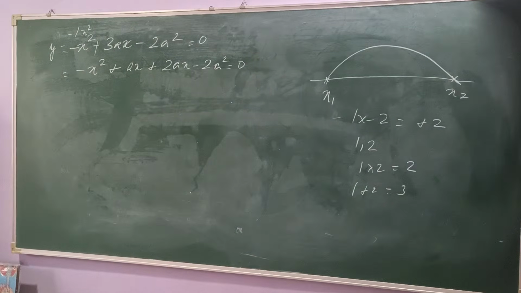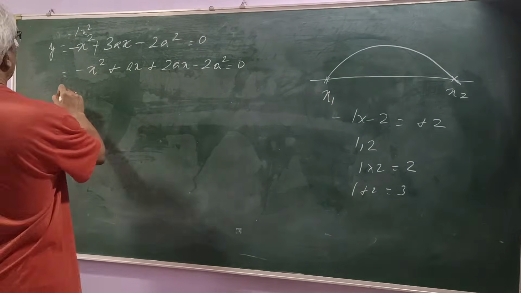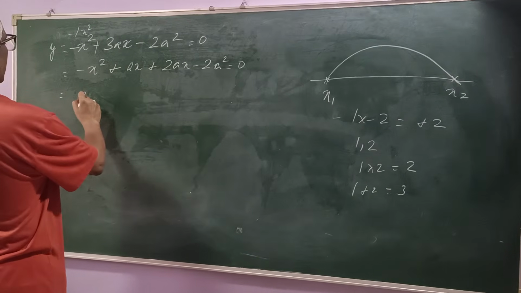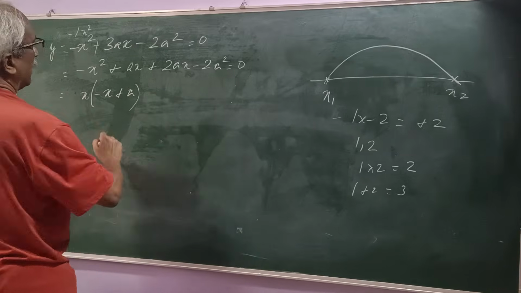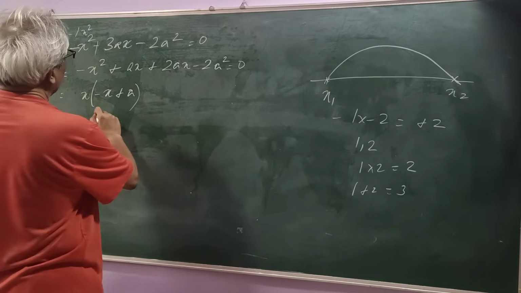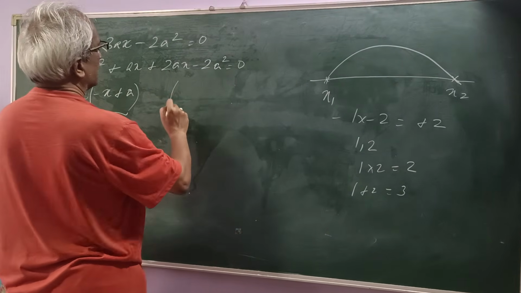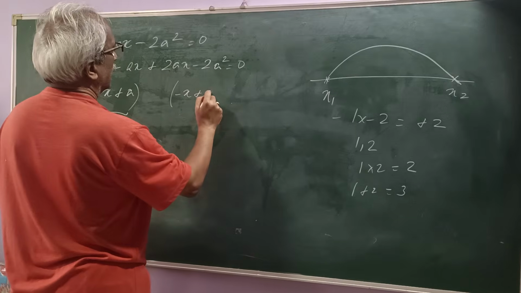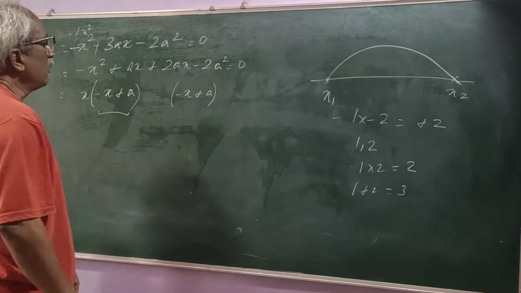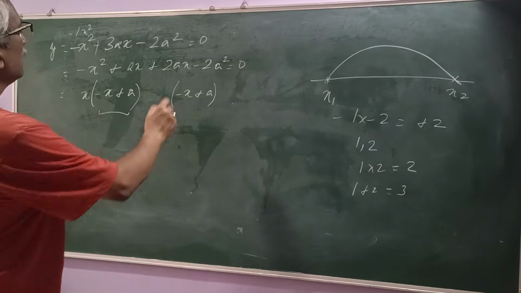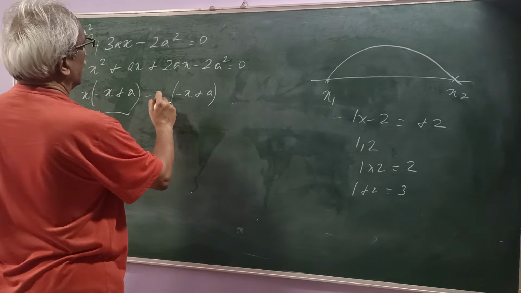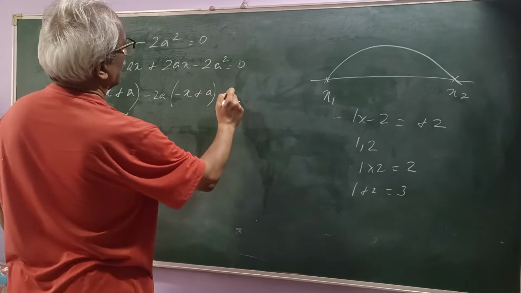Right? Now I can take x common in this. So I get x, negative x plus a. And I want the same factor here, negative x plus a. So to get negative x plus a, I should extract minus 2a from these two.